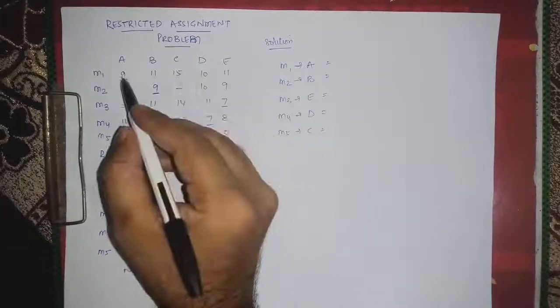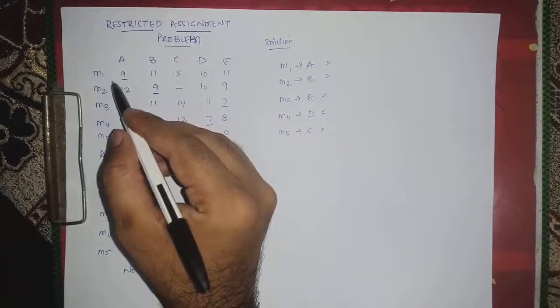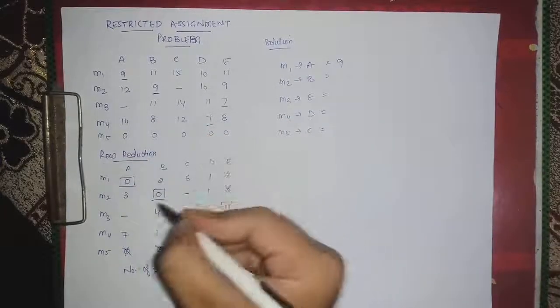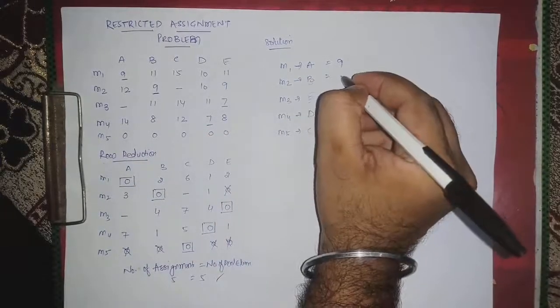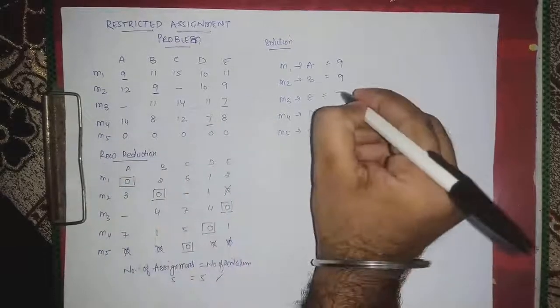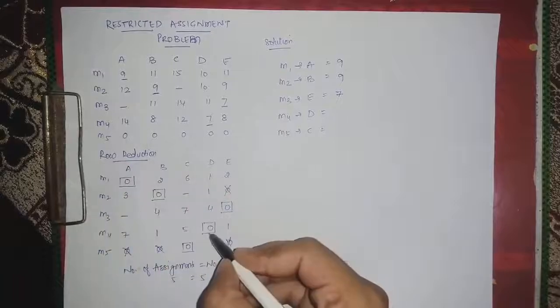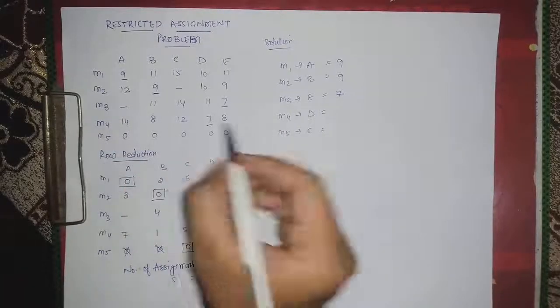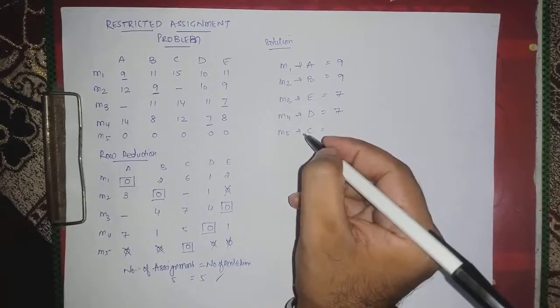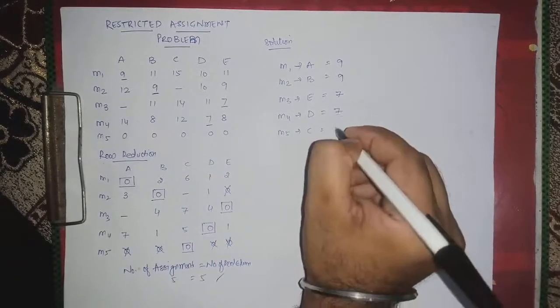And how to write the values? What are the values? Means the cost that we are going to face. M1 to A is 9, M2 to B is again 9, M3 to E is 7, M4 to D is 7, and the value for M5 will always be 0.